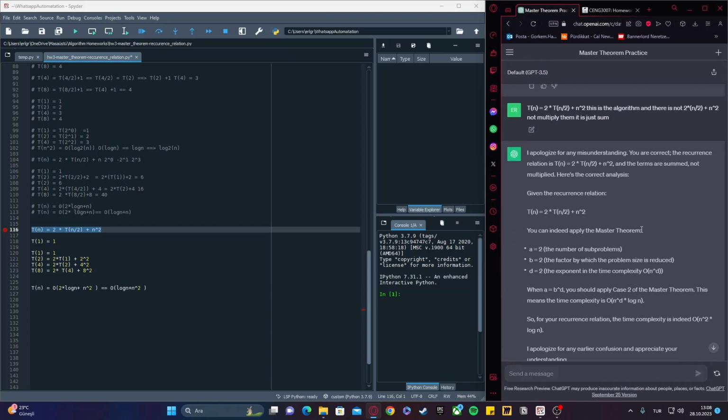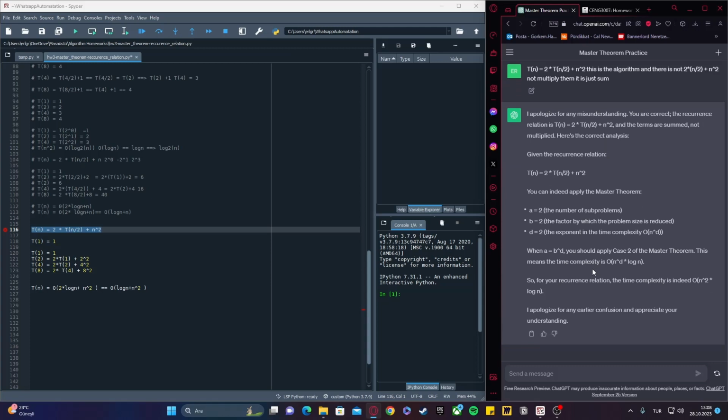You're correct, the recurrence relation, and the terms are summed, not multiplied. There's a correct answer, and when I apply the usual case to the time complexity, it clears up an earlier confusion.